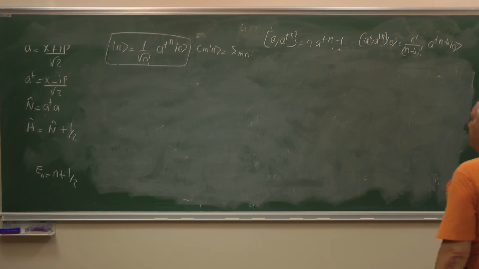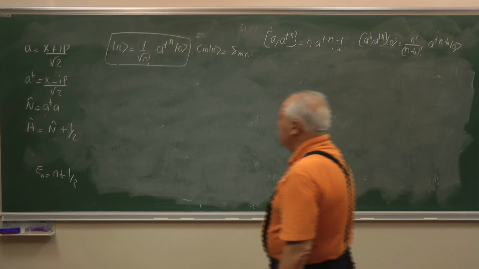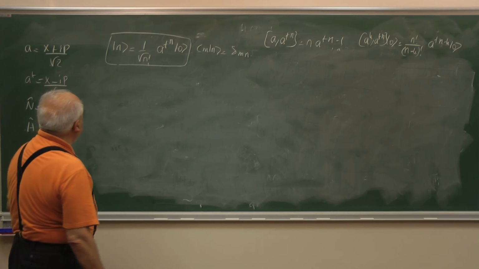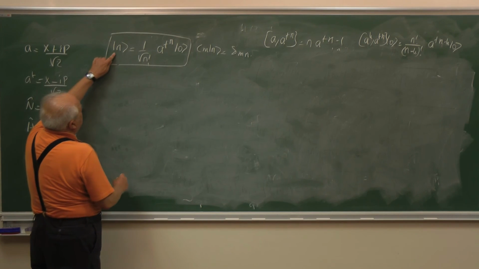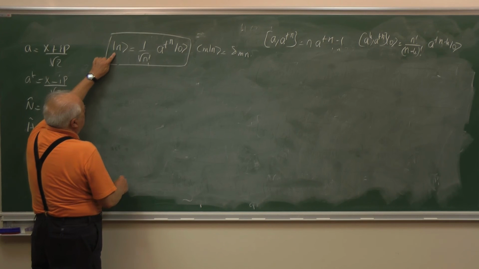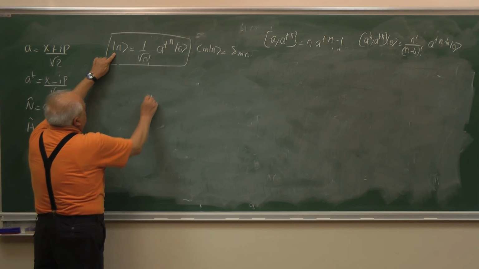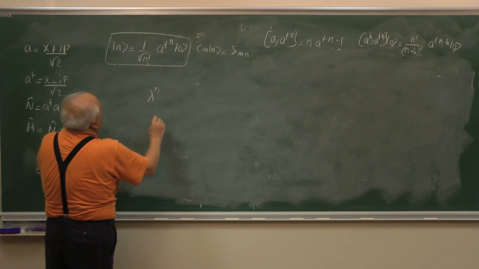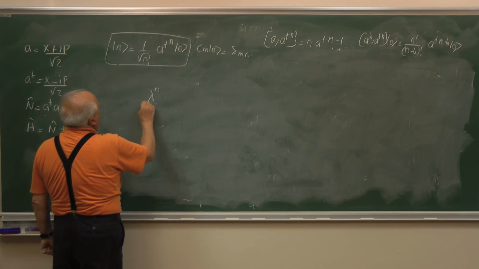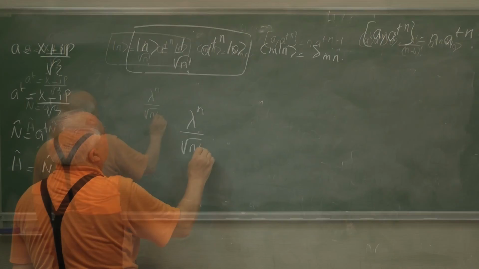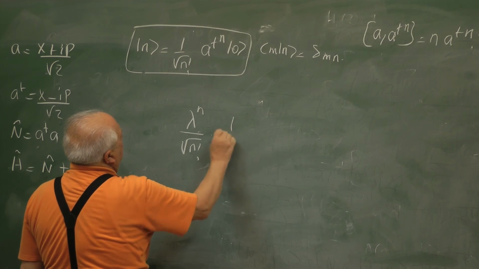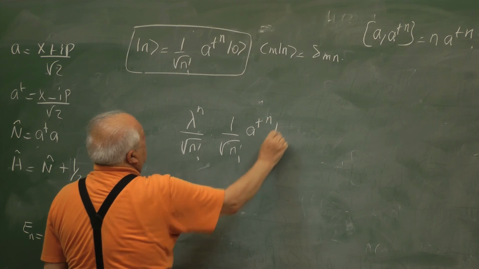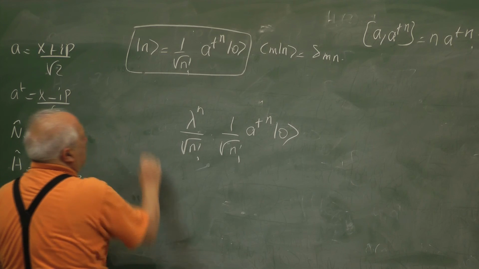Okay, next I want to introduce something, then we'll take a break, and it is this. I can multiply by a complex number lambda to the n, and divide by root n factorial, 1 over root n factorial a dagger n 0, and sum over n.